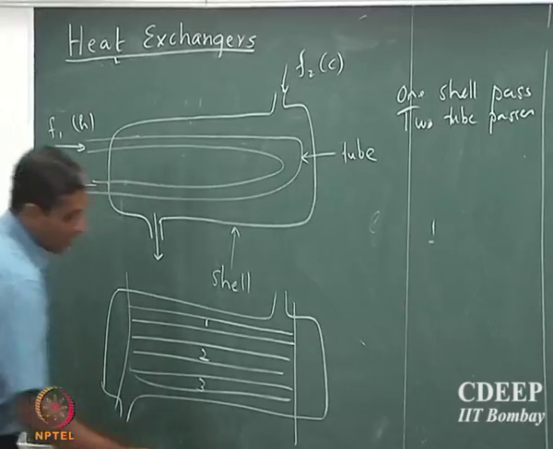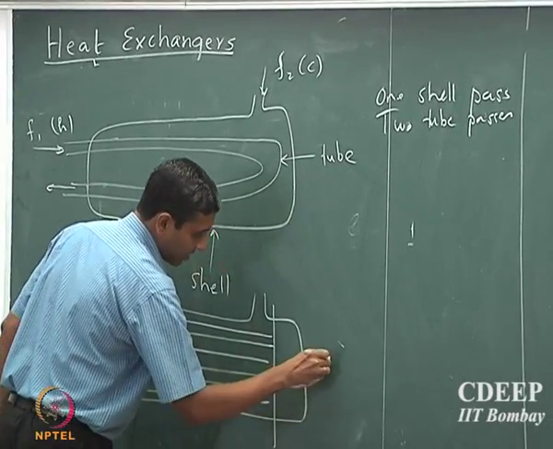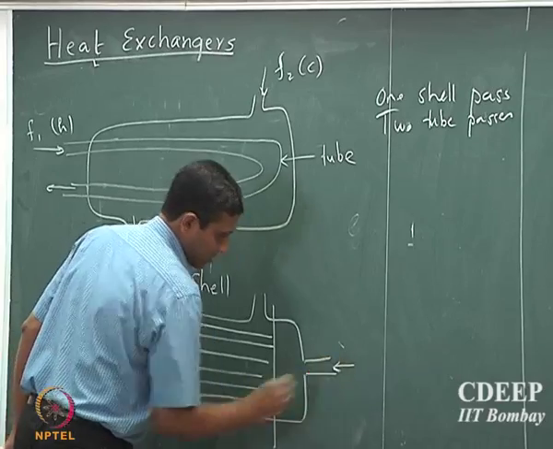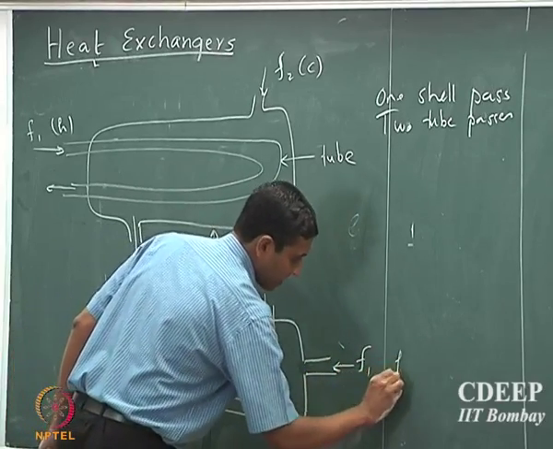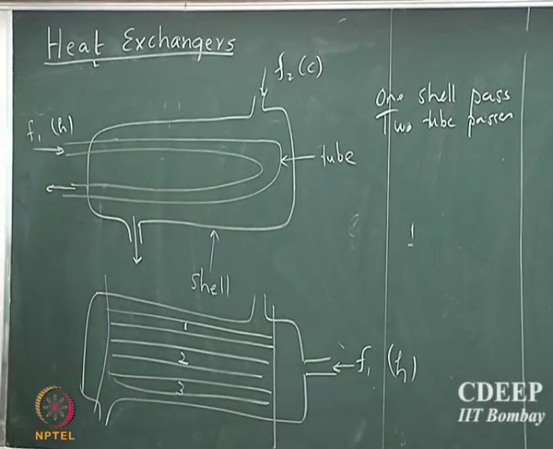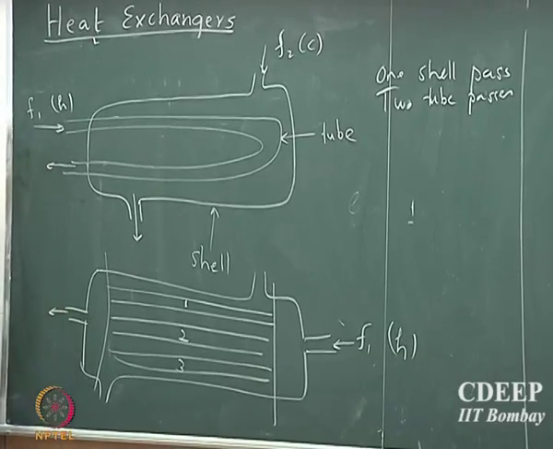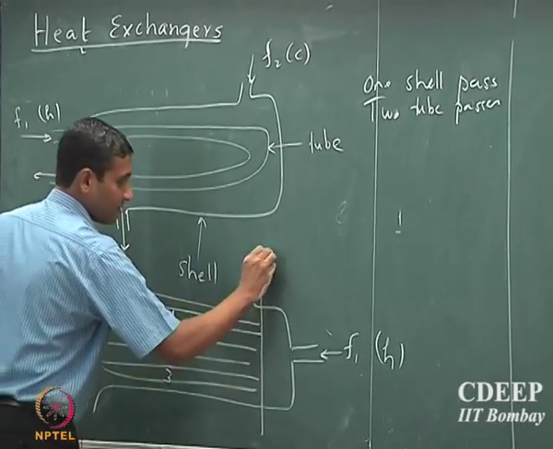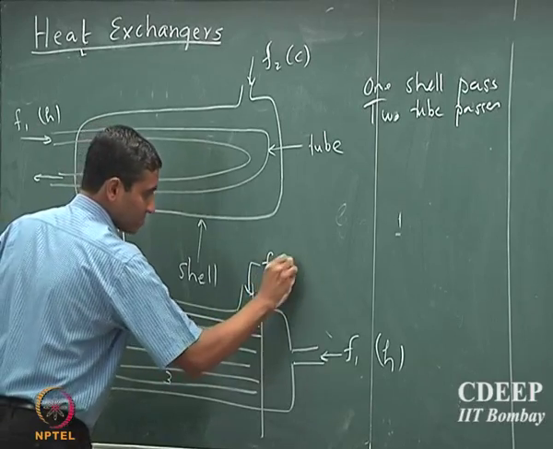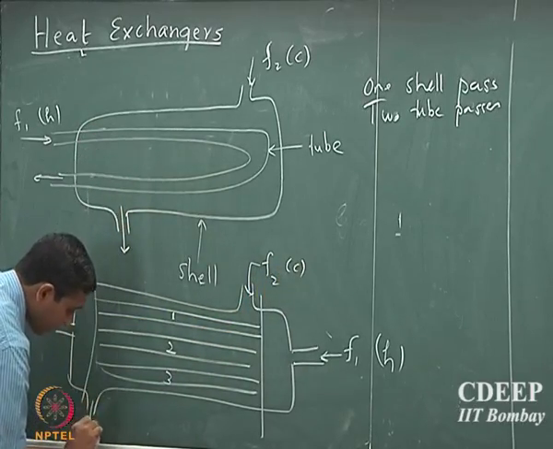Now, I have an inlet stream here, and let us say this is F1 and this is hot fluid, okay, and I have an outlet stream here, and this is, let us say, the cold fluid which comes in and goes out.